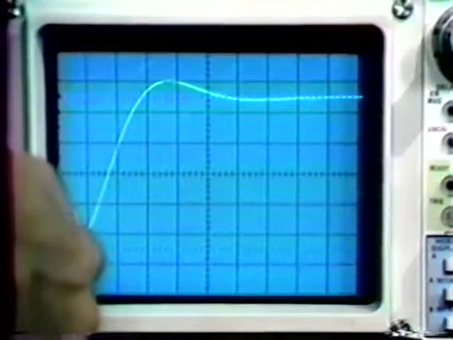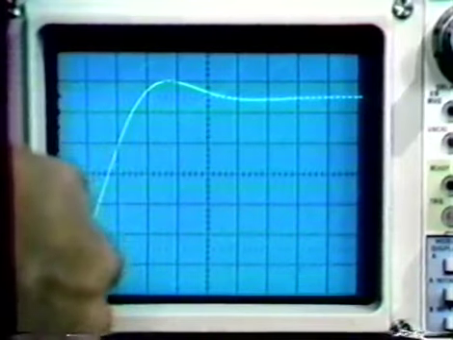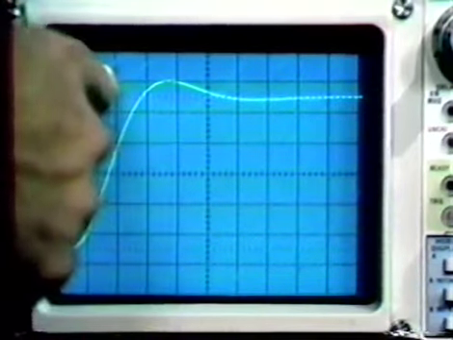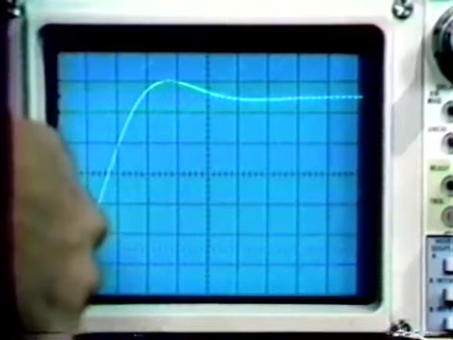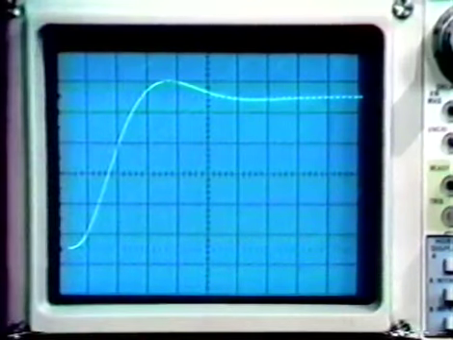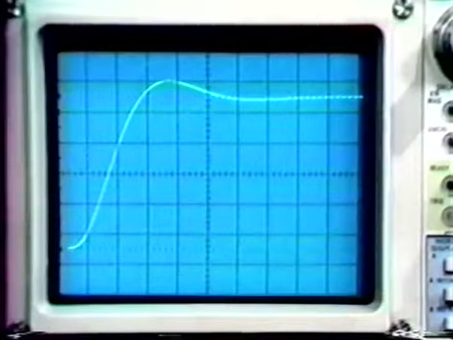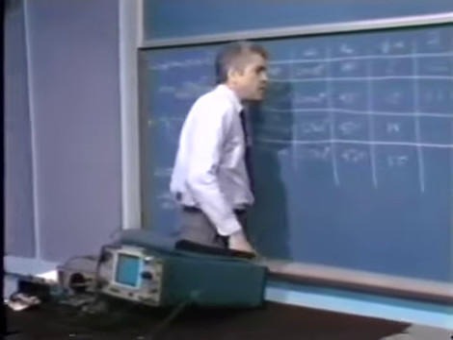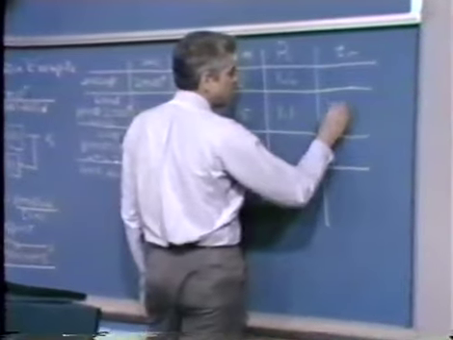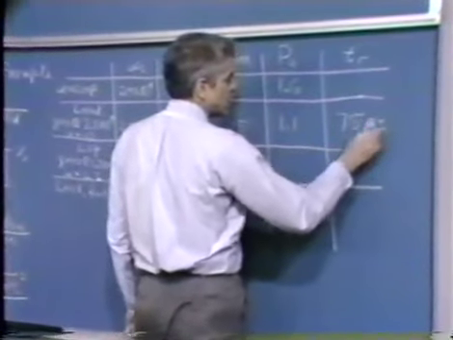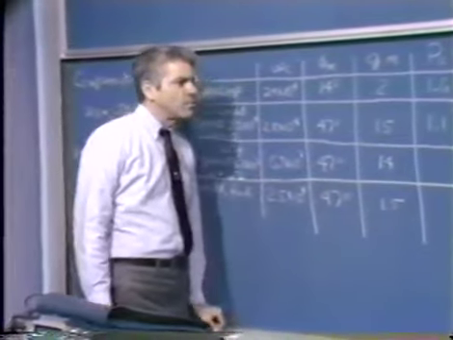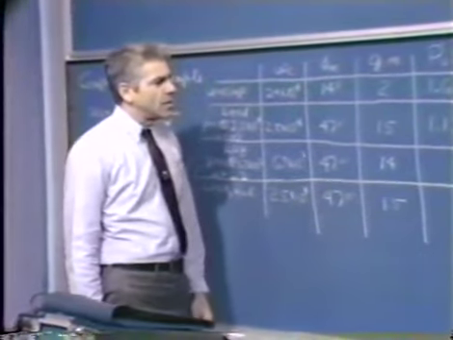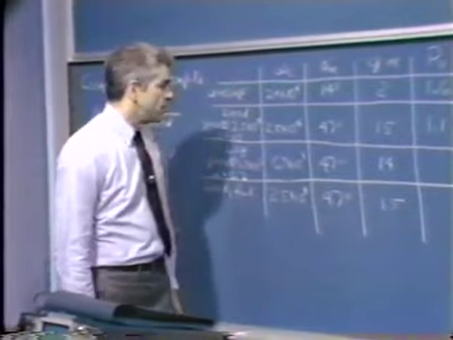And so let's see, we have about 1.5 major divisions between these 2 points. We're at 50 microseconds per major division, and so the rise time for the lead compensated amplifier is about 75 microseconds. The rise time for the uncompensated amplifier doesn't really mean much, because we probably wouldn't operate the amplifier that way anyway. The system is not nearly stable enough.